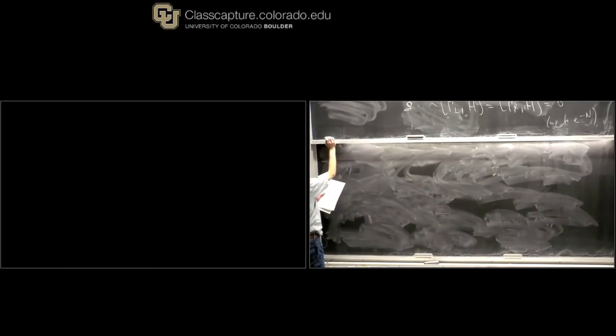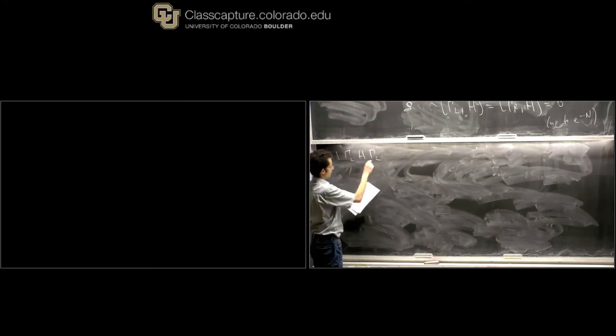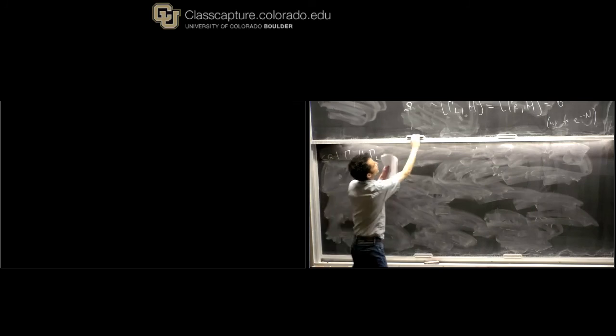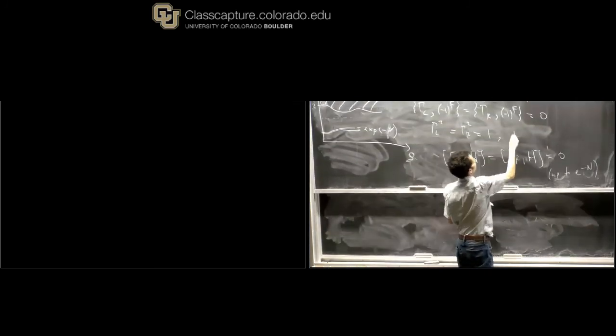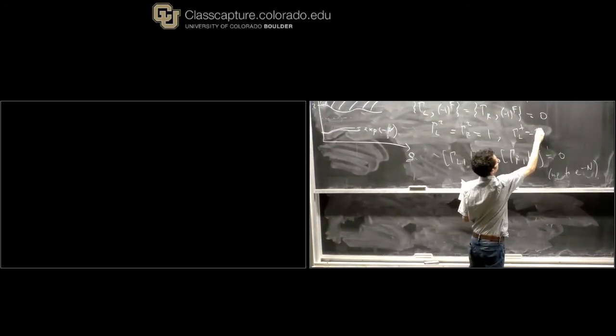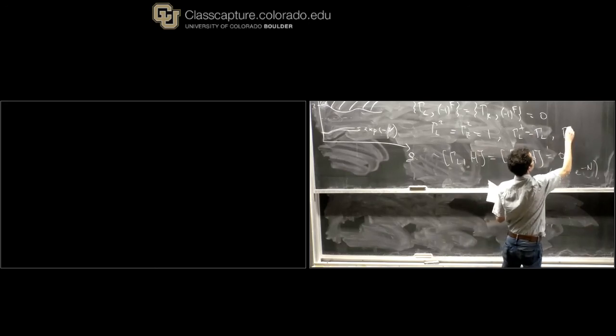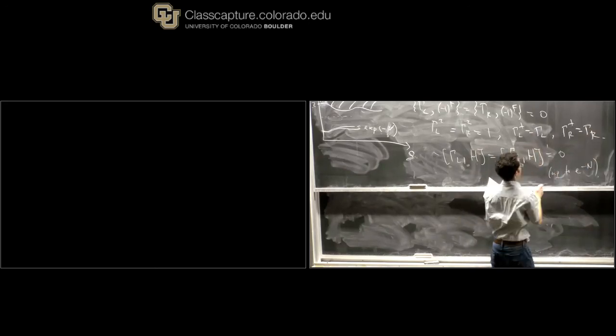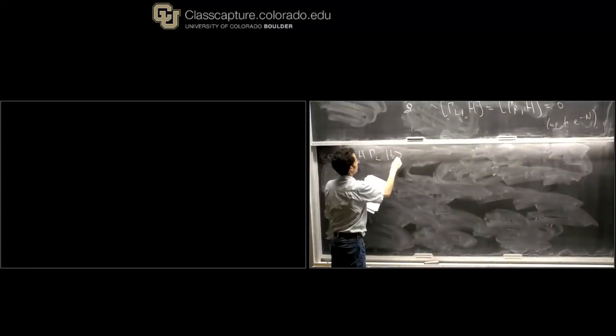Let's consider a matrix element A gamma L H gamma L B. By the way, these gammas are Hermitian, although that's not too important. You can choose them to be Hermitian. Let's consider this matrix element.